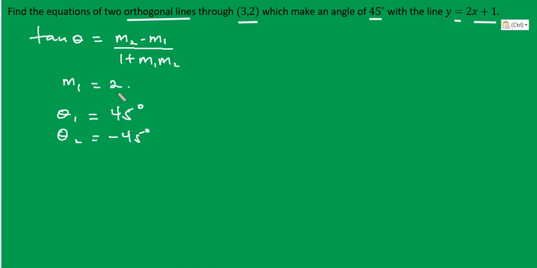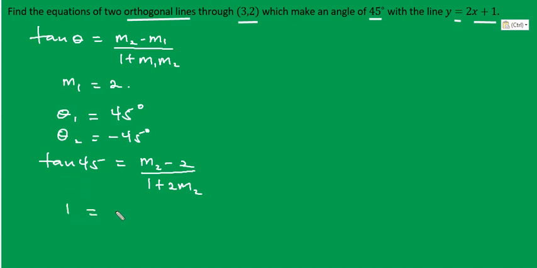So let us see when the angle is 45. Let us see the gradient of that line which makes an angle of 45. So that will be tan 45 equal to, I'll take m2 minus 2 divided by 1 plus 2m2. So tan 45 is 1.